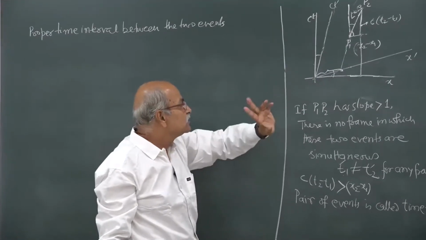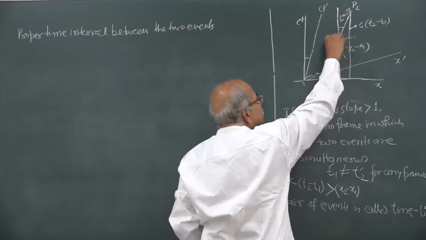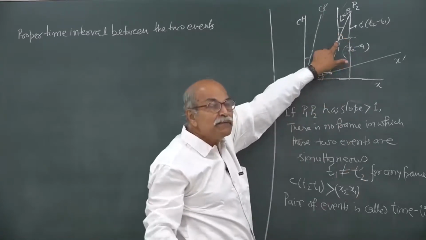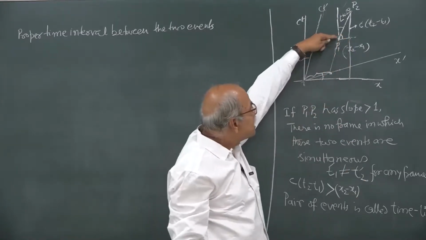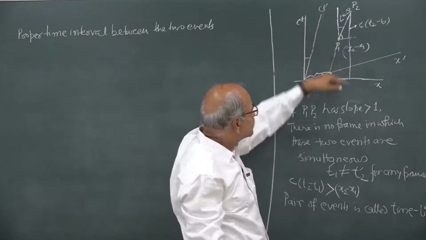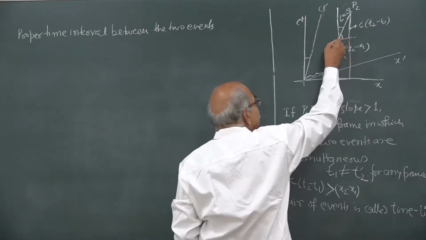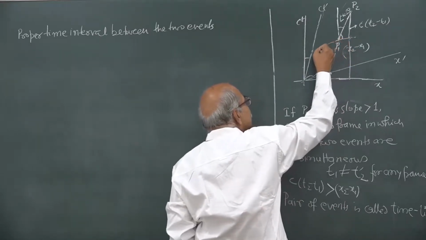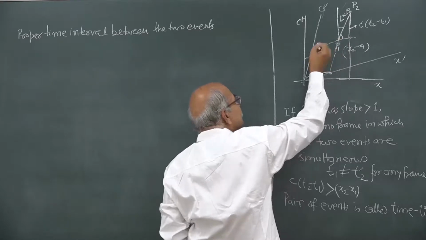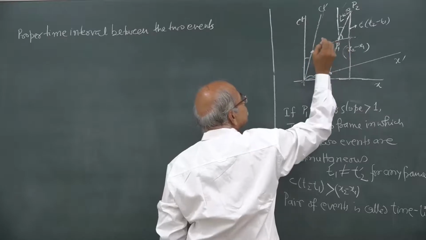And what is that time interval? For this point, what is the time t prime for this event? For that you have to draw a line parallel to x prime axis, and this will meet the CT prime axis somewhere here, and this gives you t prime of this.